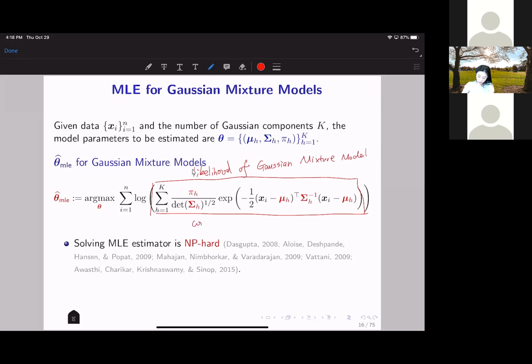And this likelihood is conditioned on the parameter. The parameters of the mixture of Gaussian are mu h, sigma h, pi h. Right? Is that clear?